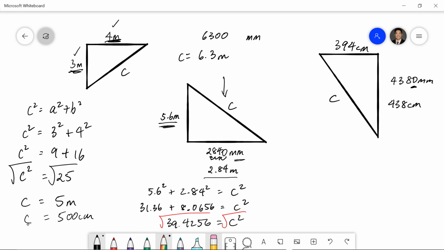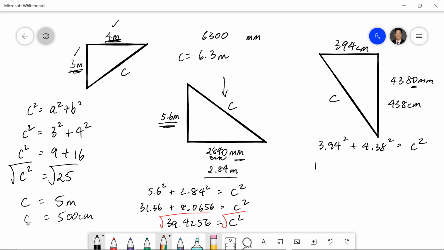So what we'll have is 3.94 meters. Okay, so dealing in meters, and then 4.38 meters. Okay, so what we'll have here is c squared, and we'll have 3.94 times 3.94.